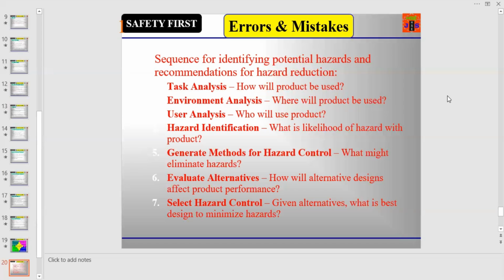What might eliminate hazards? Evaluate alternatives. How will alternative designs affect product performance? And lastly, select hazard control. Given alternatives, what is best designed to minimize hazards? These few points can help you to identify and control the hazards.